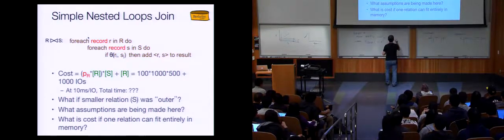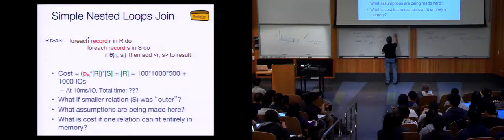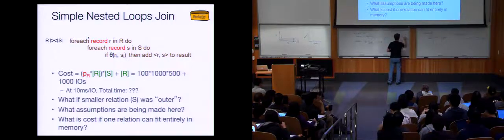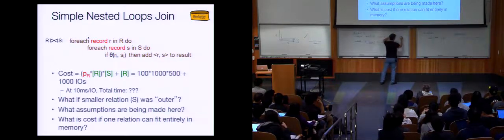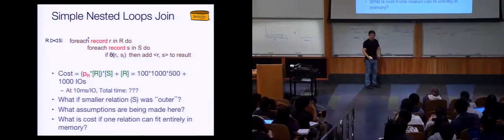Let's think about it. I think what you said is true, I'm just convincing myself. Let's assume that the little guy, which in this case is S, is here, and the big guy, R, is on a different disk here. We're going to scan S once, and we're going to scan R lots of times, once per row of S, versus the other way around.